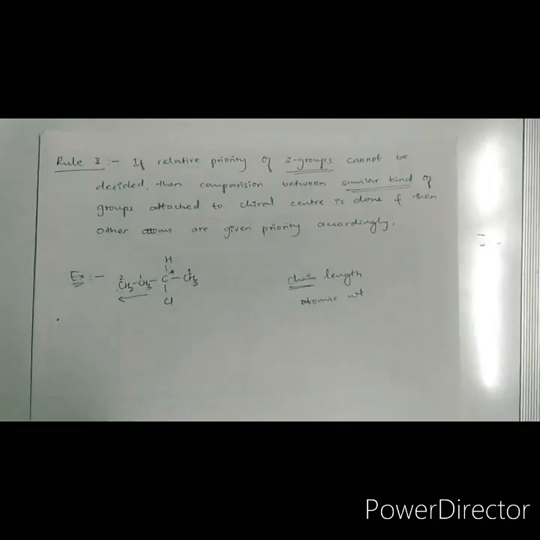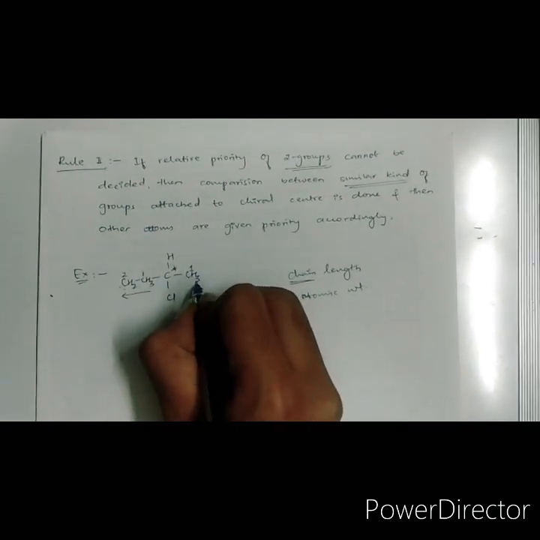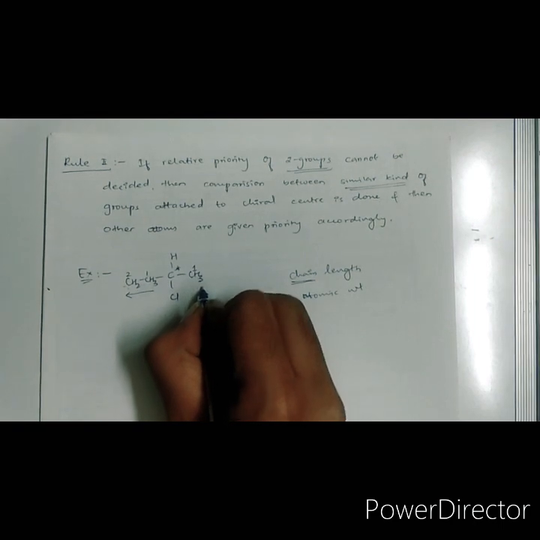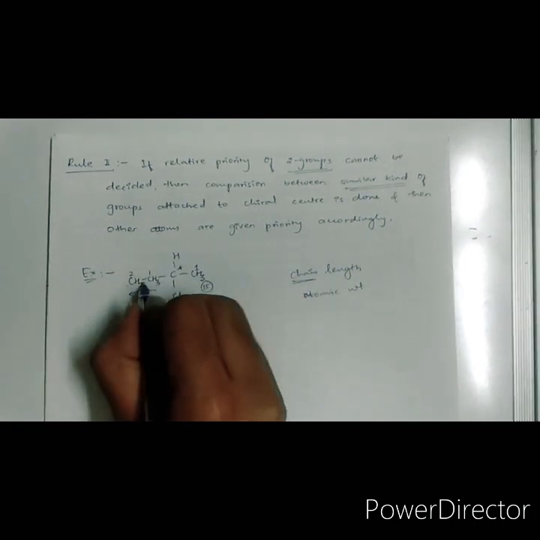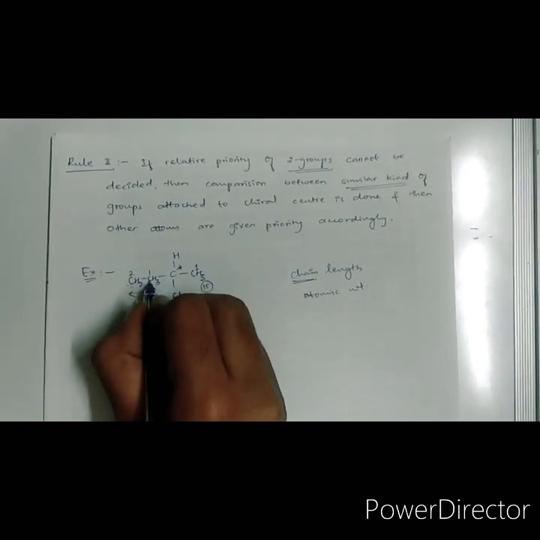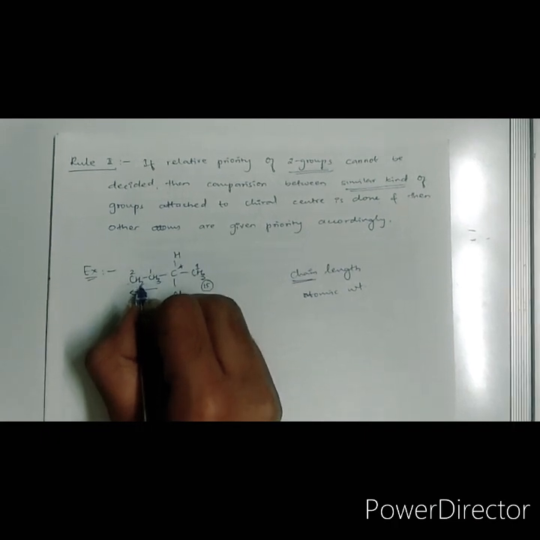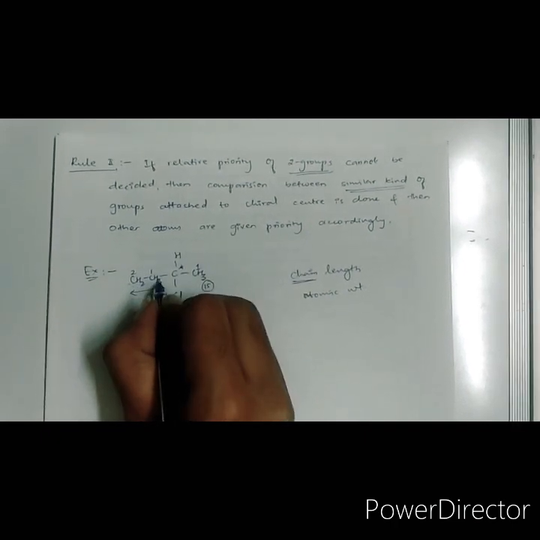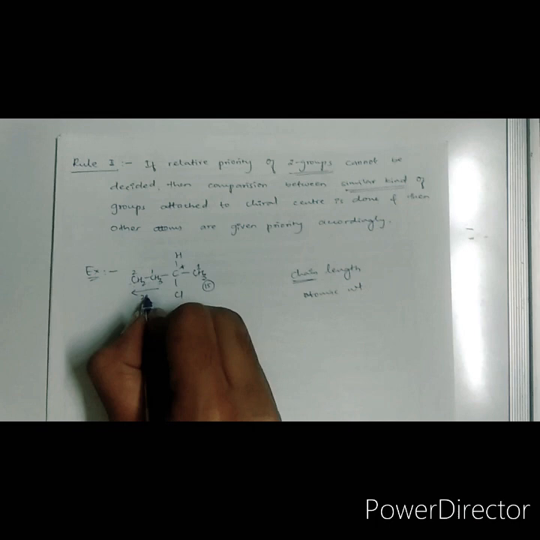Clearly it is defined that this CH3 is having less atomic weight as compared to the other group. So you can see here carbon 12 and hydrogens 3, so 12 plus 3 will be 15, while here this is 12 plus 12 is 24, 24 plus 2 is 26, 29.